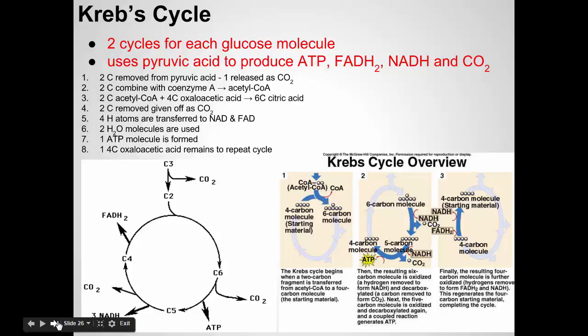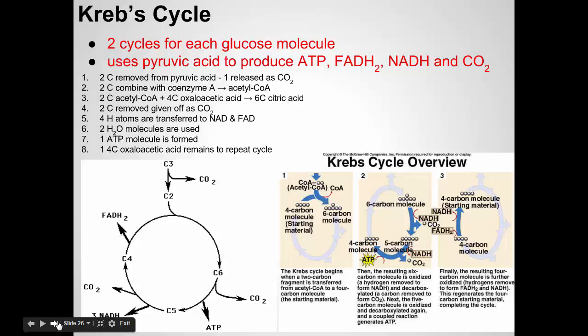These acetyl-CoA molecules get combined. They go through a couple steps, forming citric acid. 2 carbons are removed, and again we have the release of carbon dioxide. Now we're down here with this 6-carbon sugar. Get rid of some carbon dioxide. ATP is produced along the way.